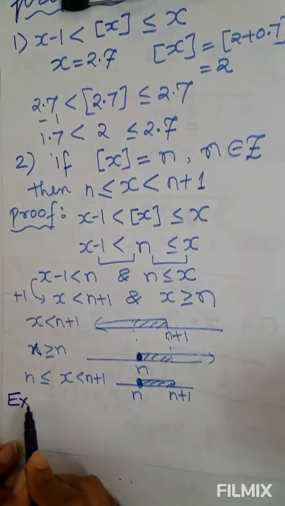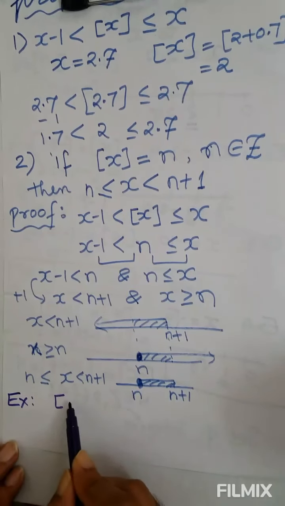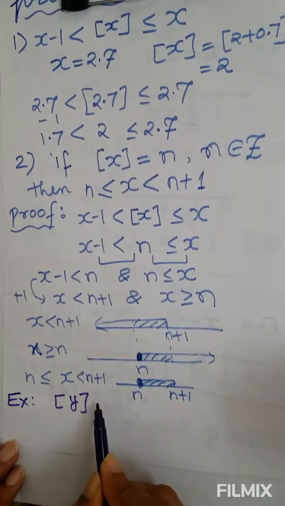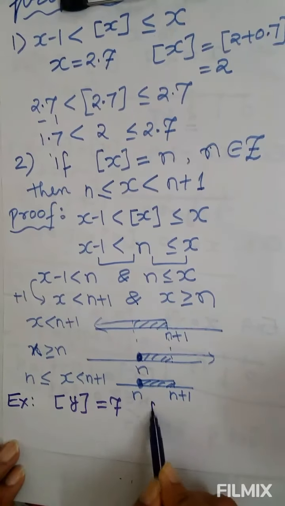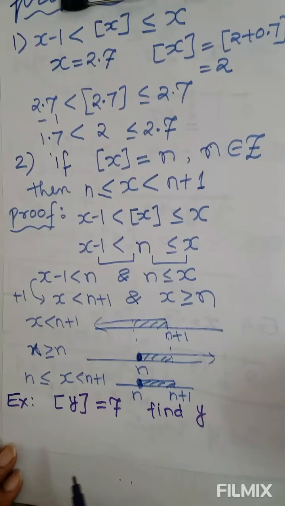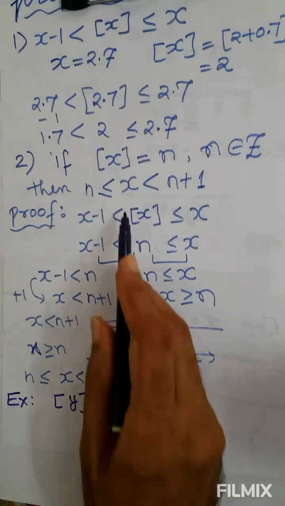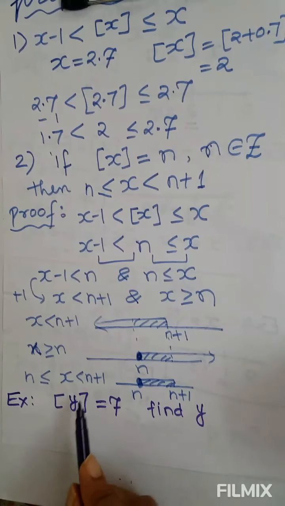So for example, let's say the greatest integer of y is equal to 7. The question is, what is the range of y? We can use this formula result, with y instead of x.